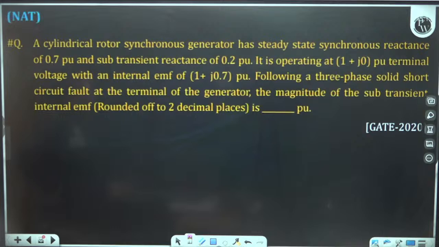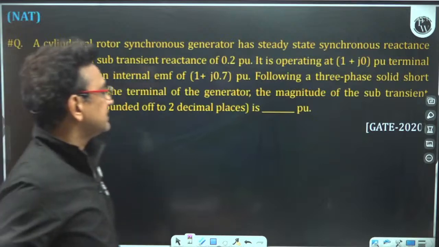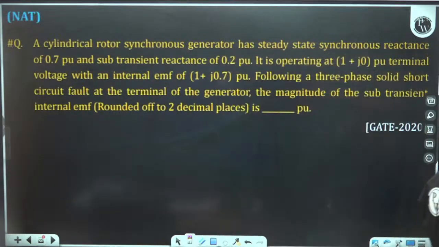You cannot imagine the Thevenin equivalent impedance is equal to 0 because the other network is also there. Other buses are also there. There must be some impedance connected between bus number 3 and the other buses. So we will find out the Thevenin equivalent impedance, and Z33 is nothing but the Thevenin equivalent impedance at node number 3, like Z22 is nothing but the Thevenin equivalent impedance at node number 2. So you have to take the voltage as well as the Thevenin equivalent impedance. Yes, do this one. GATE 2020.